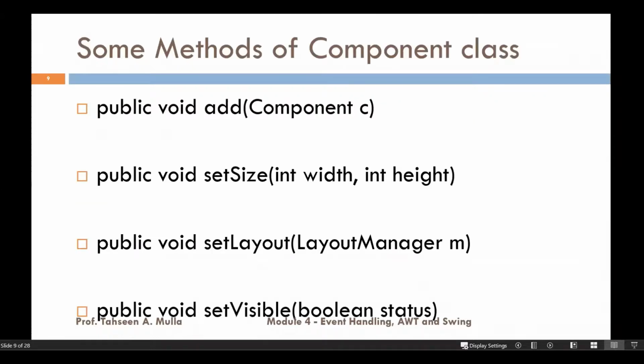Right. Now, these are some of the methods which we are going to frequently use while creating the GUI. Suppose I'm going to add a component, so I need to tell the container that you need to hold this component onto your container, and the way I go on writing the code for adding the components, it will be sequentially added.